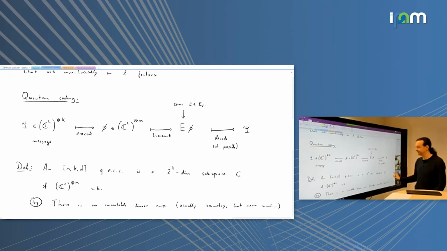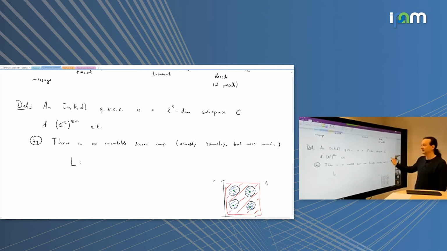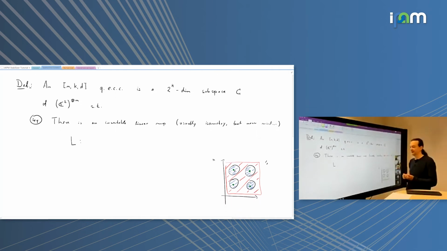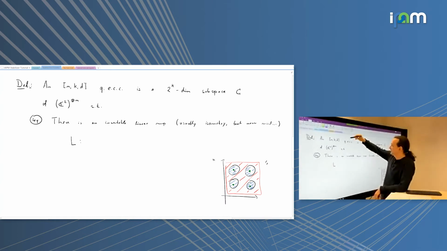And now, we talked about codes before, and now I have to tell you what this notion of a code looks like in a quantum setting. All right, so a quantum error correction code, QECC, described with the parameters n, k, and d is what?